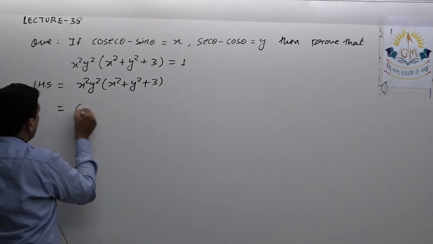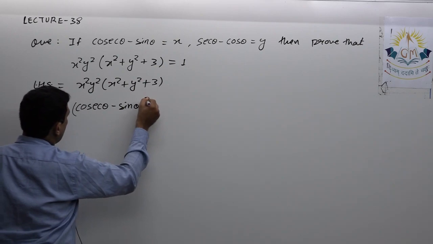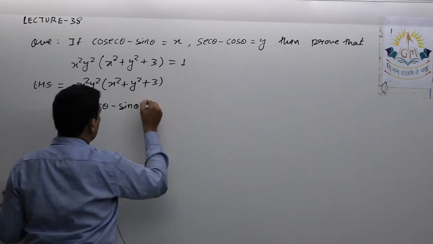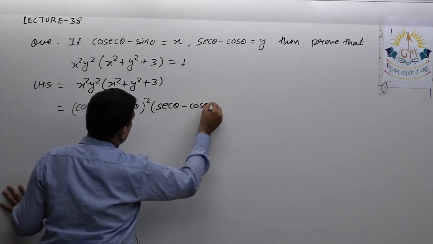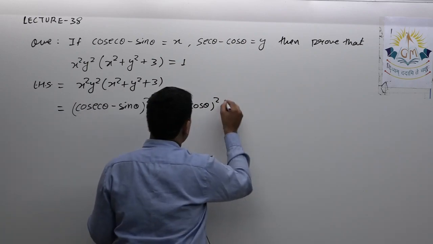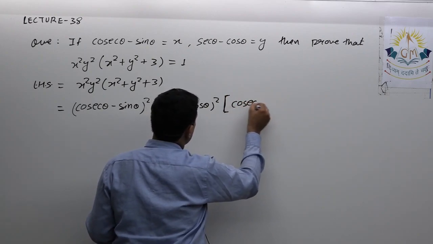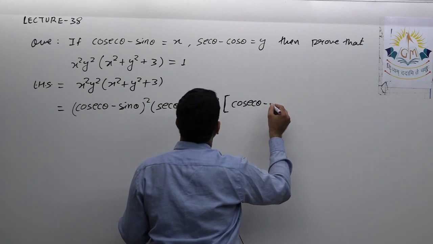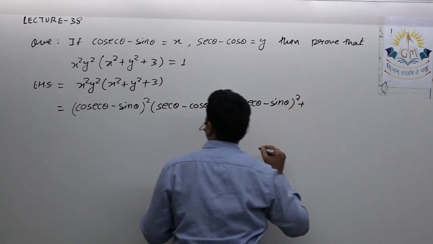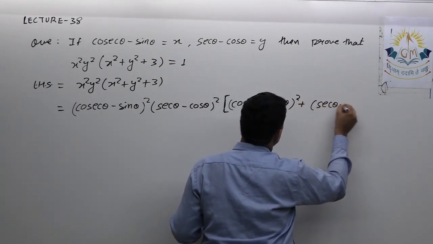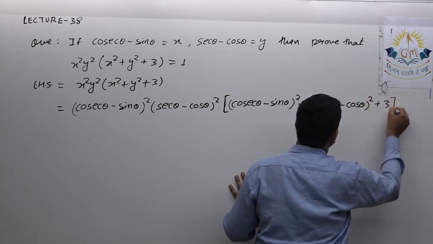So x is cosec theta minus sin theta whole square, y square is sec theta minus cos theta whole square, multiplied by cosec theta minus sin theta whole square plus sec theta minus cos theta whole square plus 3.